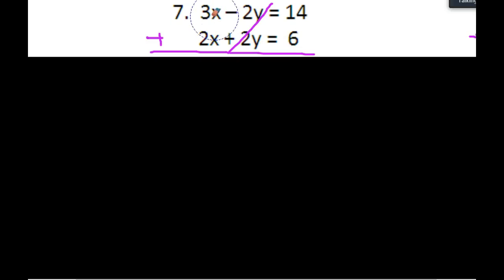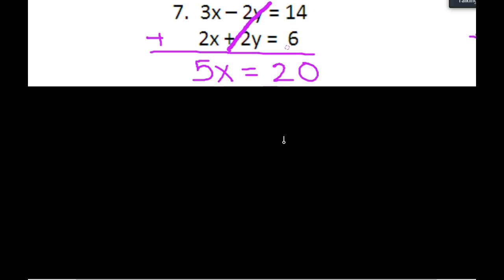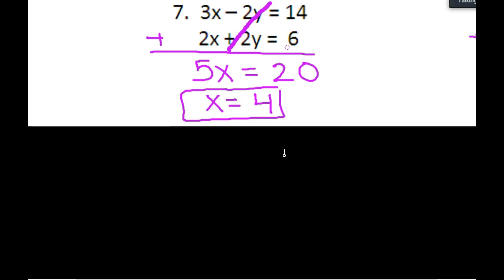So again, I have 3x minus 2y equals 14, and I have 2x plus 2y equals 6. So if I add these two equations together, what I'll notice is that my y terms are going to cancel out with each other, giving me 5x equals 20. Divide both sides by 5, and I get x equals 4.